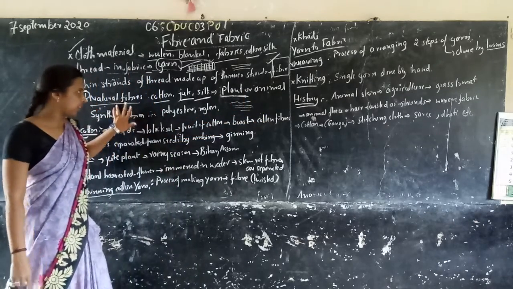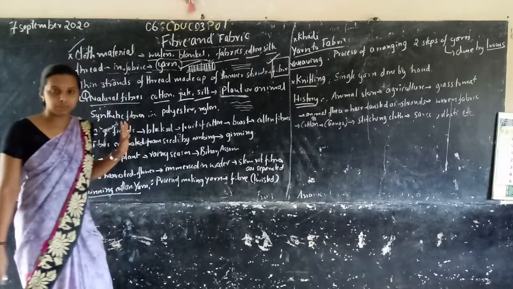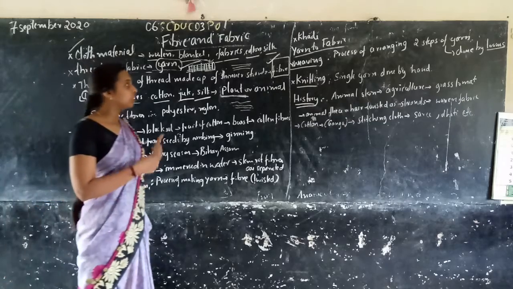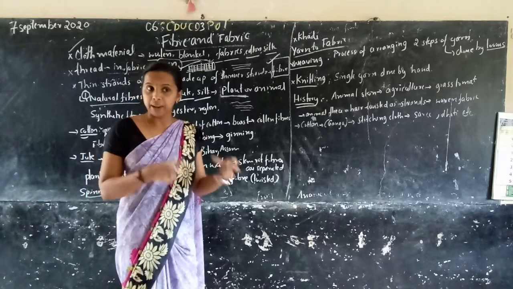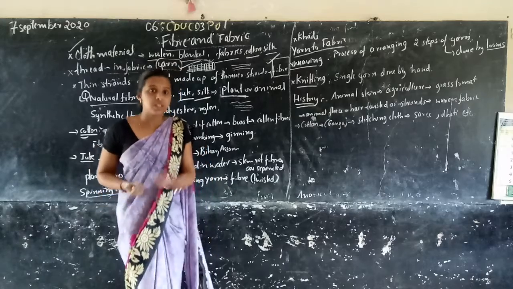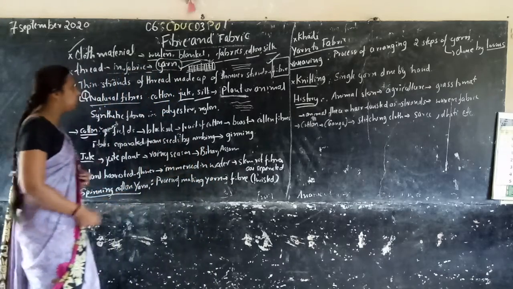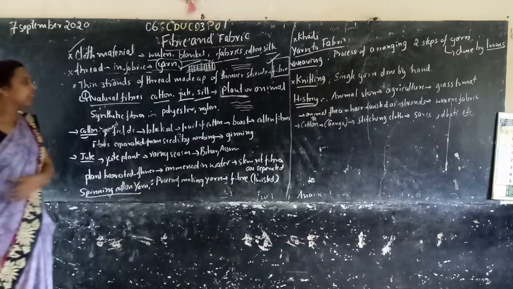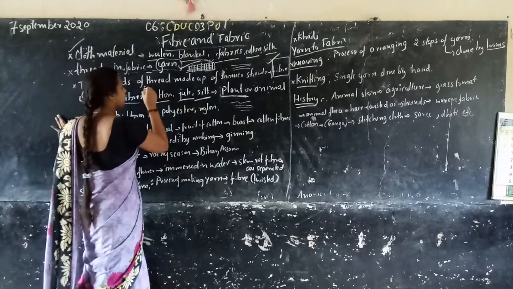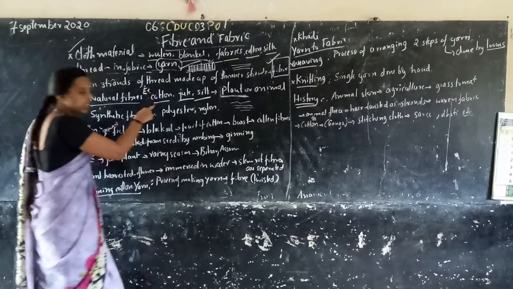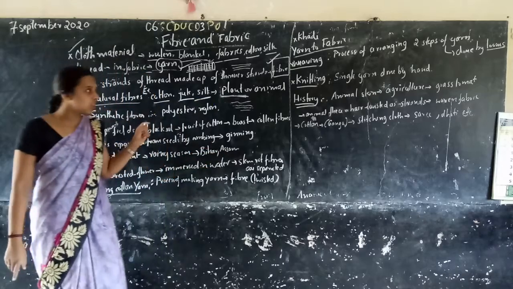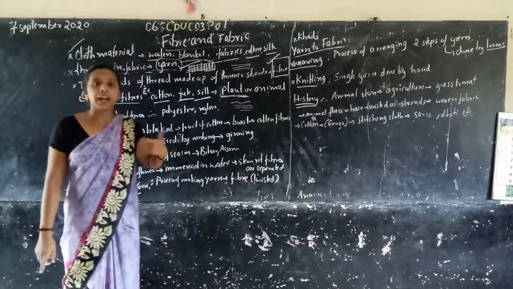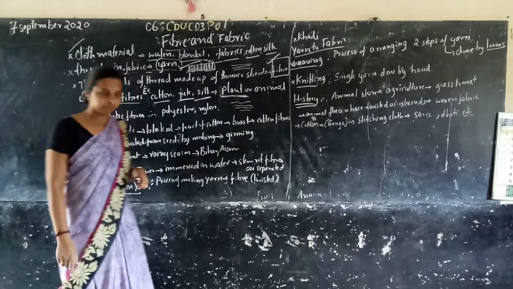If we get any fiber from a plant or animal, such fiber is called a natural fiber. I give examples: the first is cotton, the second is jute, silk, etc. These are obtained from plant or animal material.